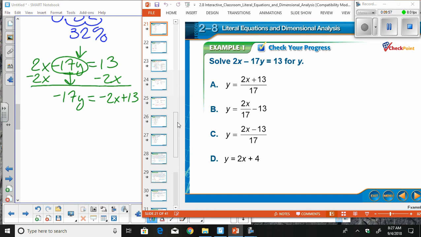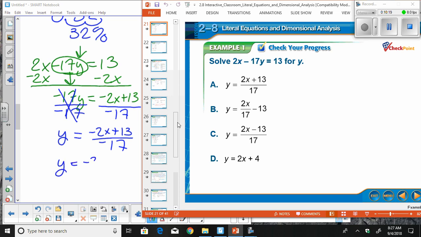The opposite of multiplying by negative 17 is to divide by negative 17. You do it to one side of the equal sign. Notice I put a fraction bar under everything to show me what's going on. So then this goes away, and I'm left with y equals negative 2x plus 13 over negative 17. You can technically break this up into two fractions.